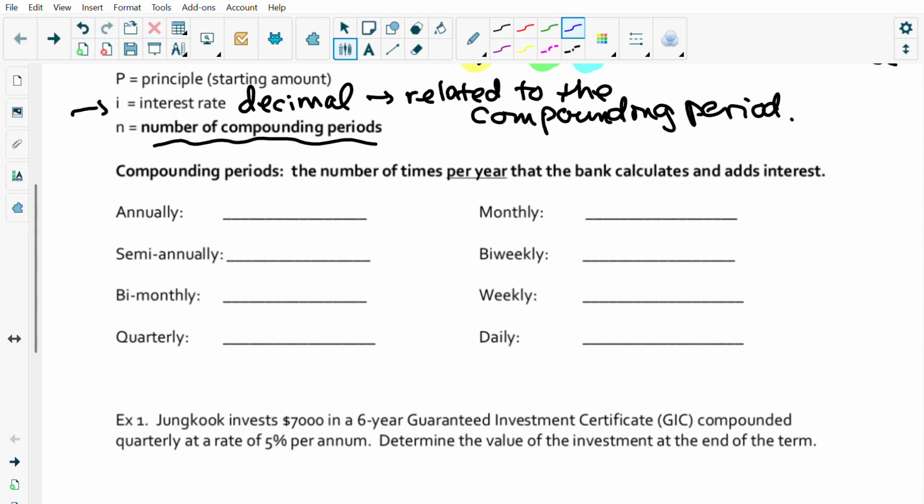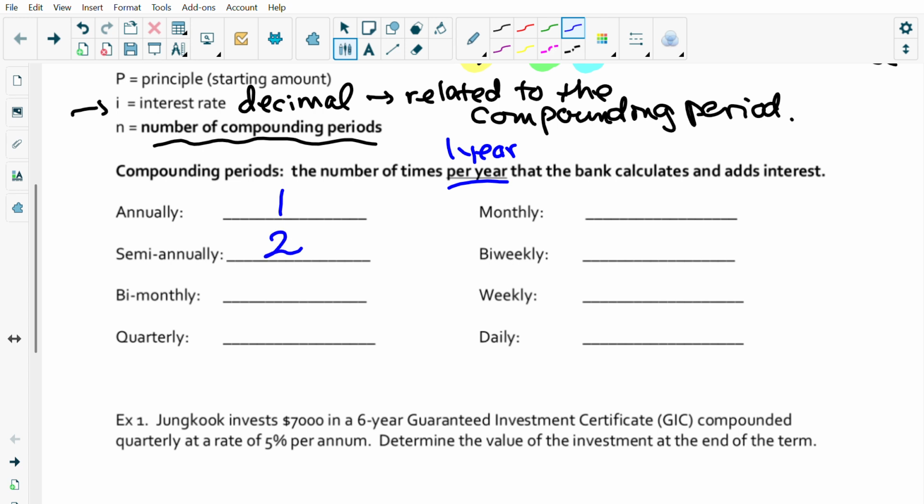Compounding periods, the number of times per year. So in 1 year, the number of times that the bank calculates and adds your interest. Annually, if you compound something annually, you compound it 1 time in 1 year. Semi-annually, you compound it 2 times in 1 year.